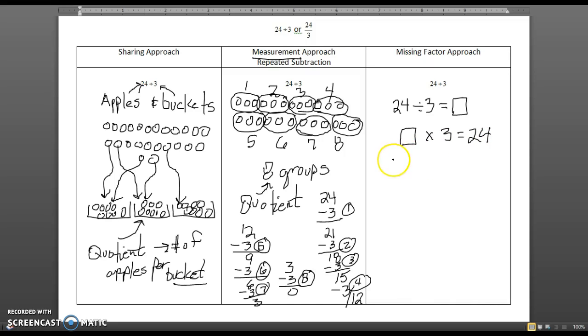So in a multiplication problem, this is called a factor, this is called a factor, and this is called a product. So I can find the quotient of a division problem by turning it into a multiplication problem that's missing a factor. And so, of course, we know the answer to that is 8.